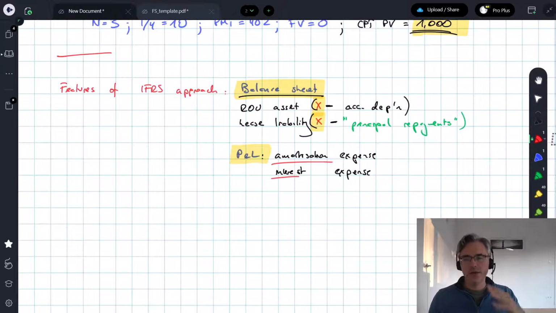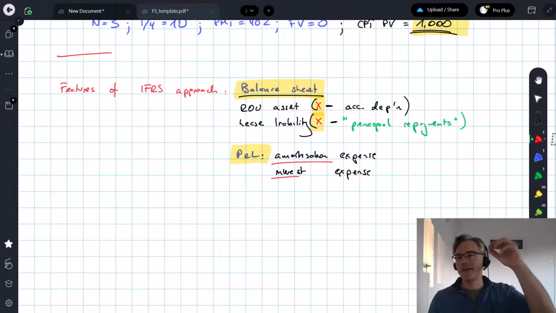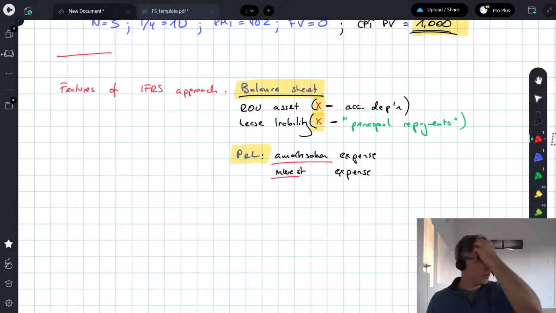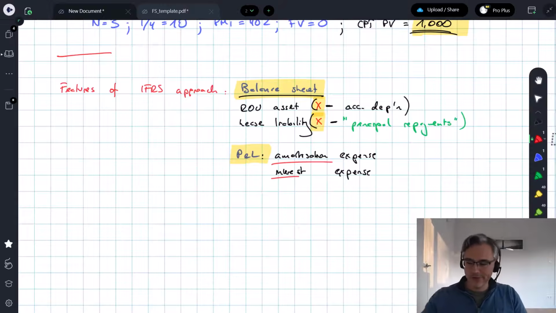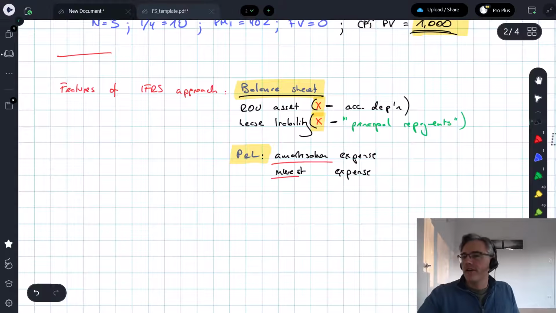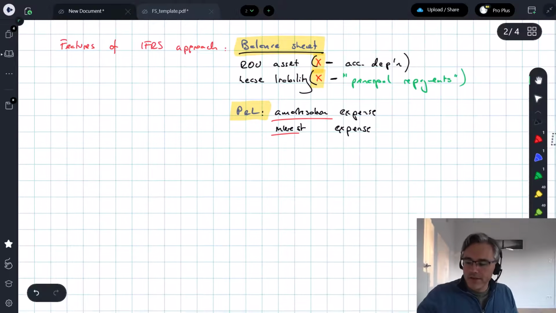So watch out. Companies that lease a lot under IFRS will have a much better EBITDA due to this, and you have to find a way to adjust for it. Anyway, you've got a liability sitting in the balance sheet at least.